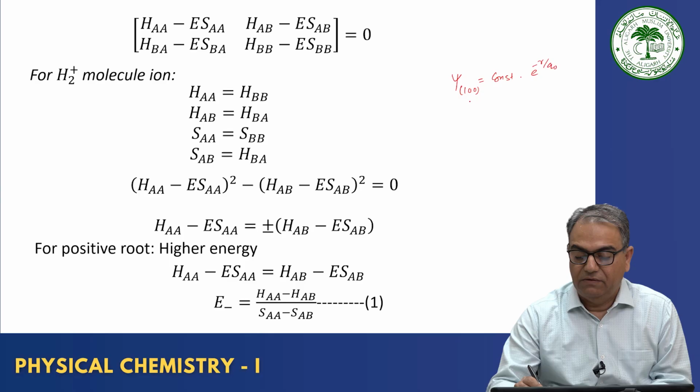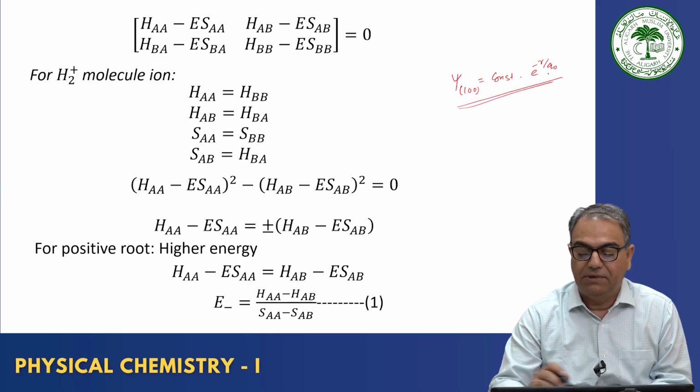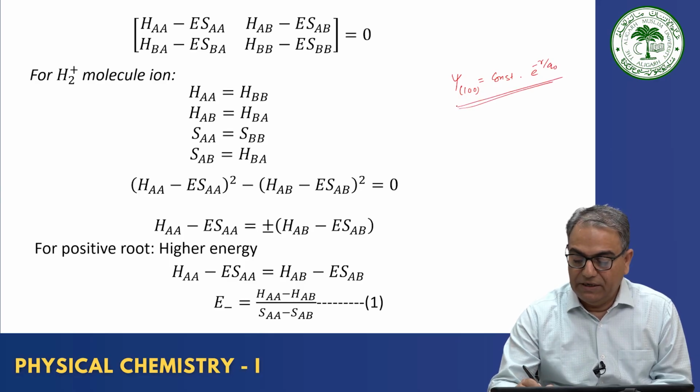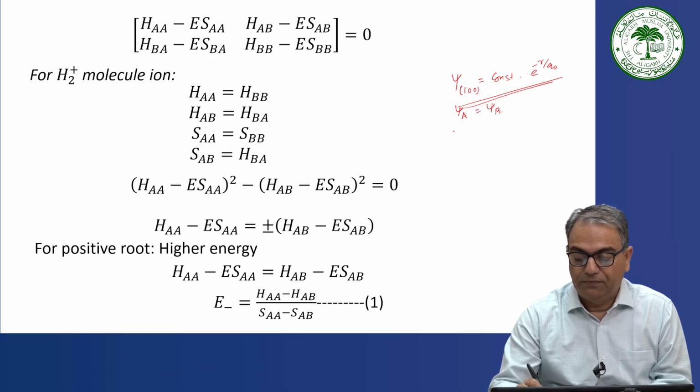We will talk about this later on, but anyway, your psi A and psi B are both equal. If you write the integral HAA, what do you write? HAA integral is psi A, then the Hamiltonian, psi A d tau.